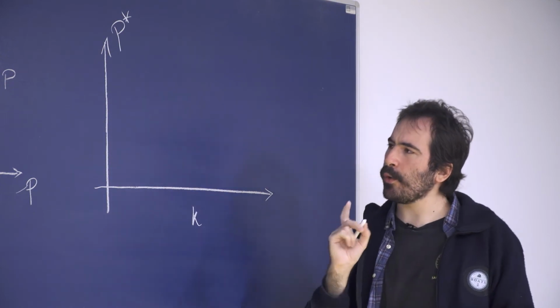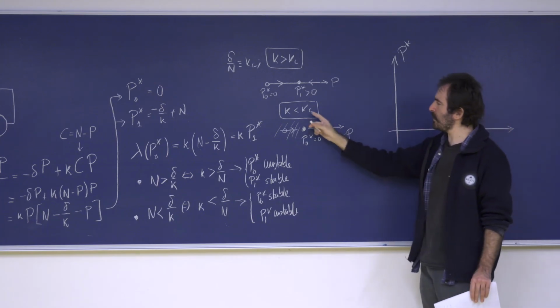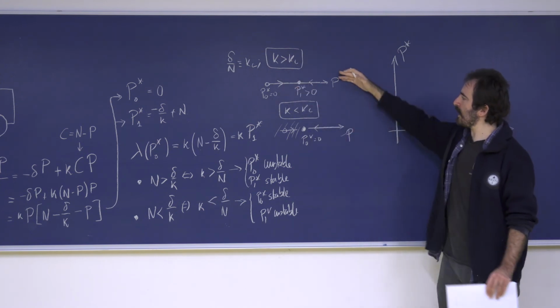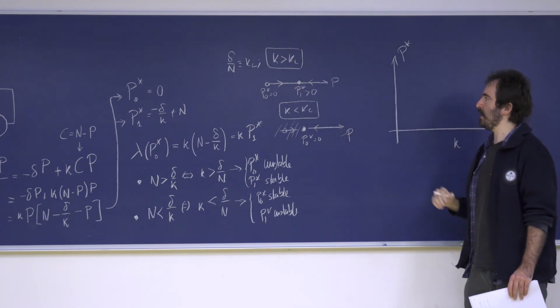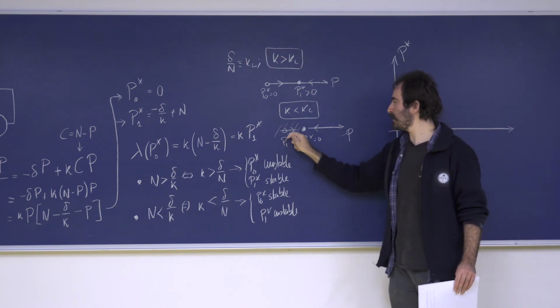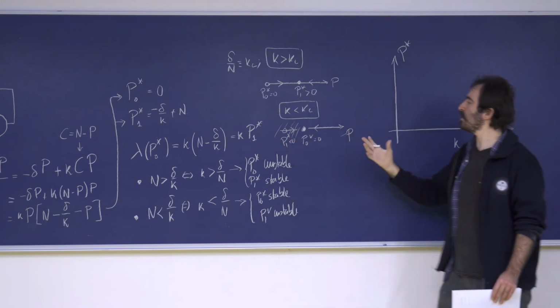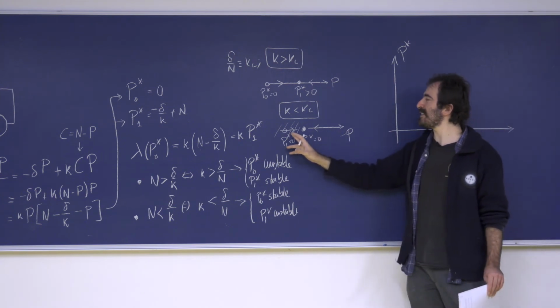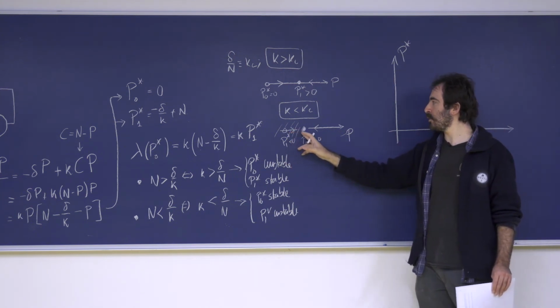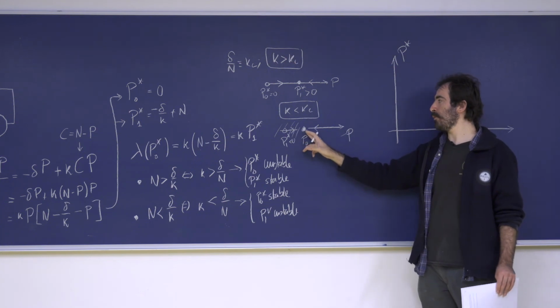Great, we know though that there's a particular value of k, which is this critical k, where things kind of interchange their stability, right? These two fixed points interchange their stability, and this is the same point at which, notice, P1 is going to go from 0 to a positive value.